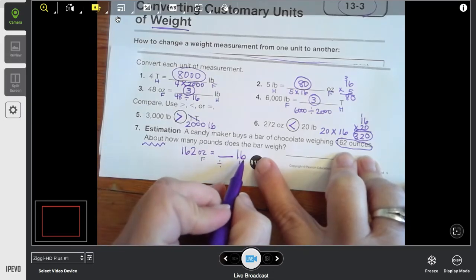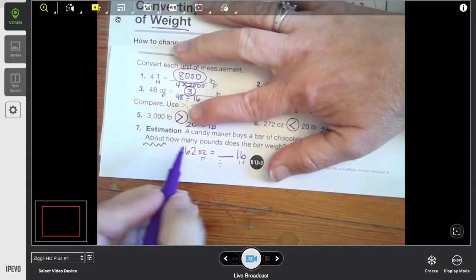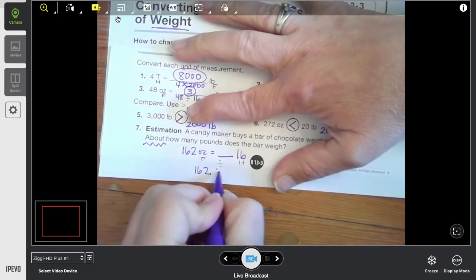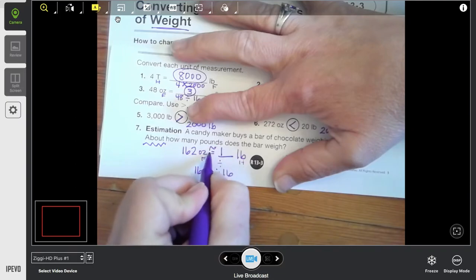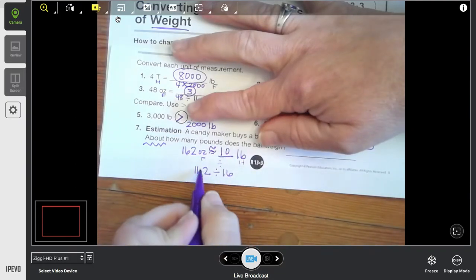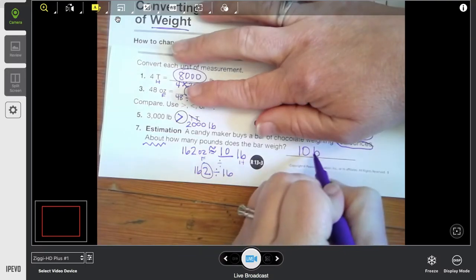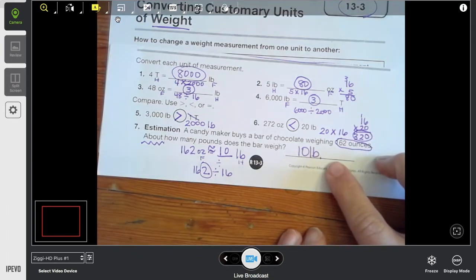And I know there's 16 ounces in 1 pound, so I'm going to divide it by 16. If I had 162 ounces and I'm dividing that by 16, I know I can put that in about 10 times. And then I'm going to have just these 2 ounces left over. So it's about 10 pounds.